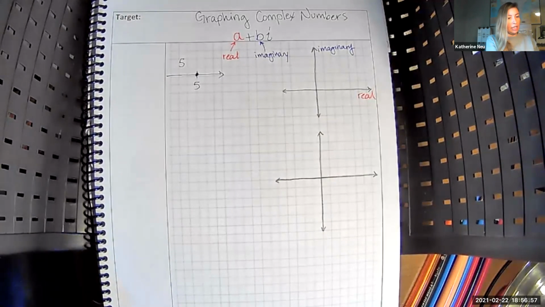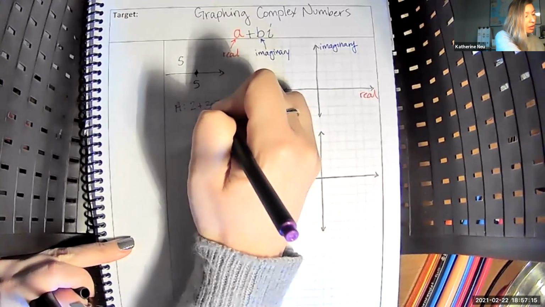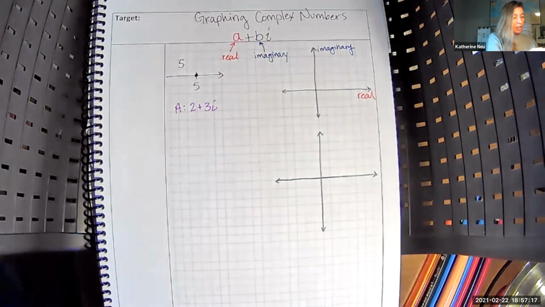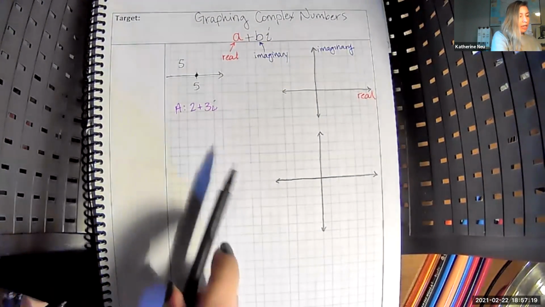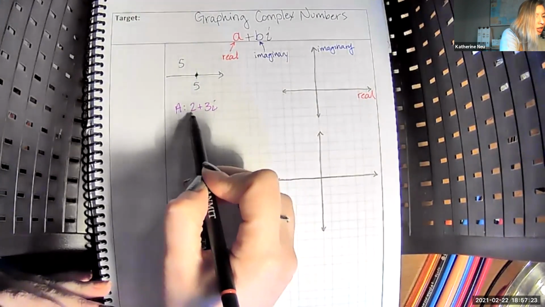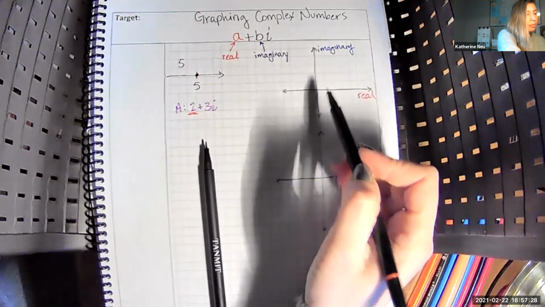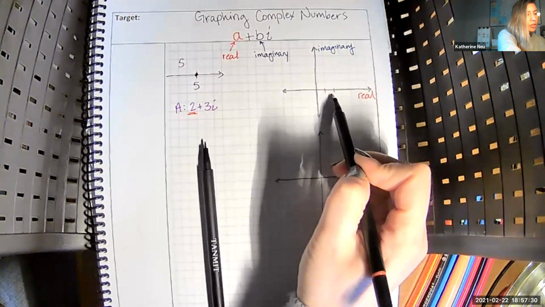So let's just say that you have point A, and I want to graph point A on my graph. Well, I have 2 as my real part, so I'm going to go on my real axis and go over 1, 2.